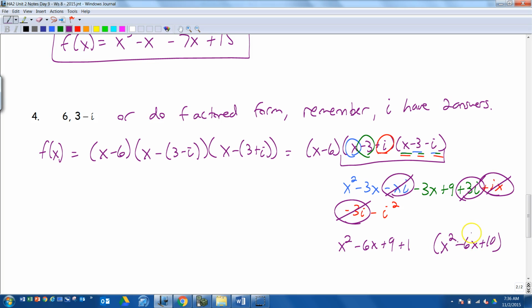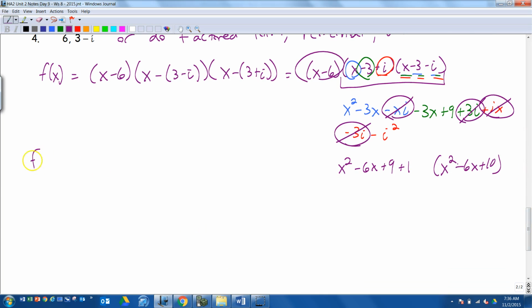So that is the piece, and then we're going to multiply that by the x minus 6 to get our final answer. So over here, I'm now at x minus 6 and an x squared minus 6x plus 10. And if you did the reverse solve method from up above, you should still get this. Final step, multiply this out.